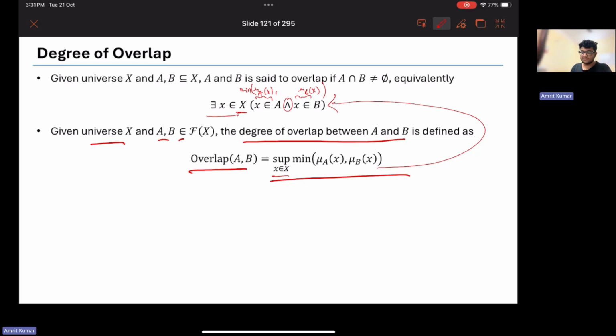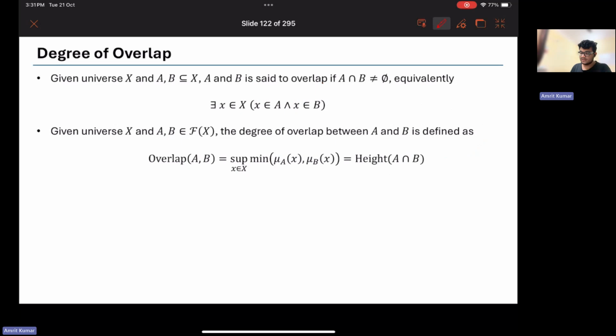And if you notice carefully, this formula is nothing but the height of A intersection B, where by A intersection B, I mean the standard fuzzy intersection of A and B. That is intersection based on the minimum t-norm, right? So the overlap of fuzzy sets A and B is given by this formula.